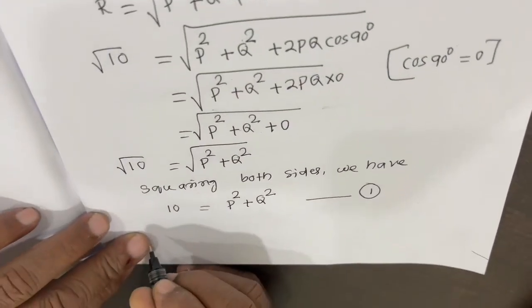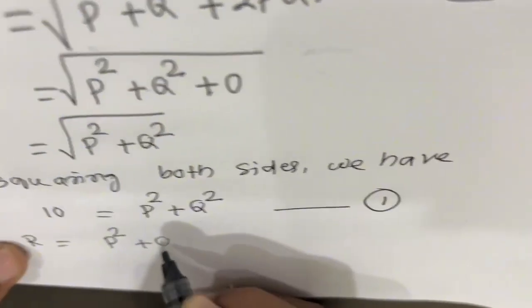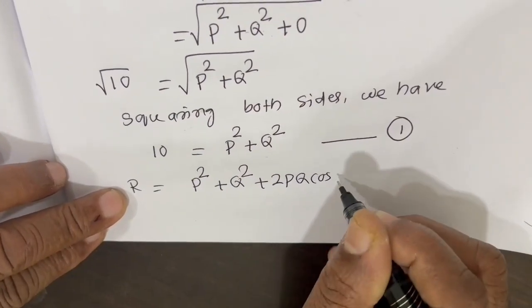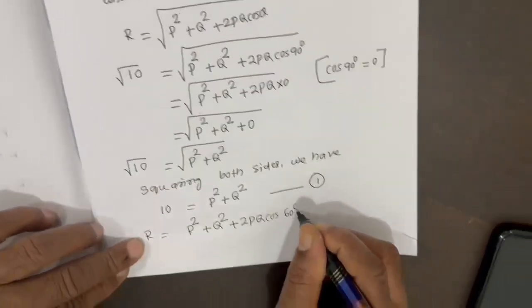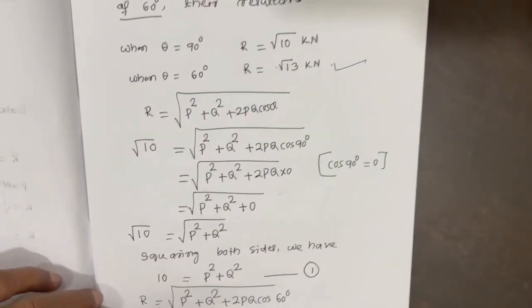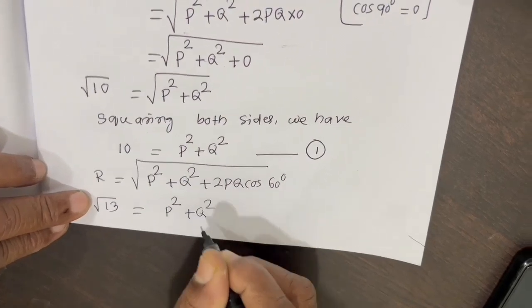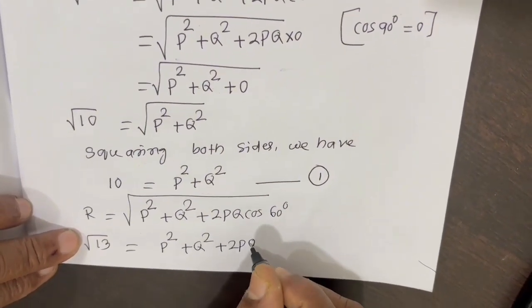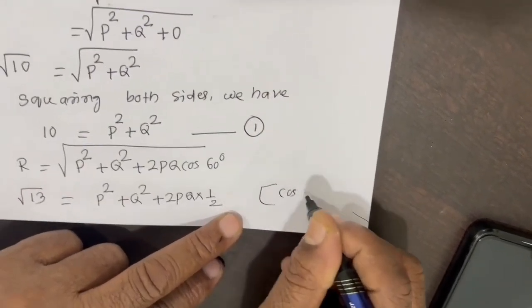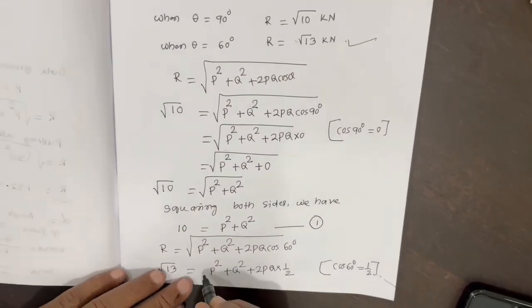Second condition, when theta is equal to 60 degree, R is equal to root 13. Then putting R is equal to root over P square plus Q square plus 2PQ cos 60 degree, R is equal to root 13. Root 13 is equal to root over P square plus Q square plus 2PQ into 1/2, because cos 60 degree is equal to 1/2.